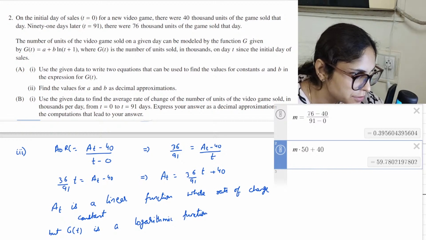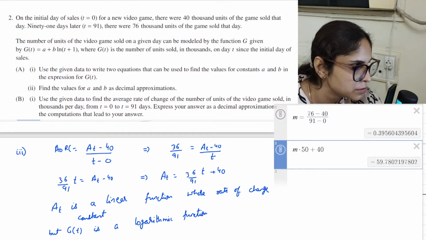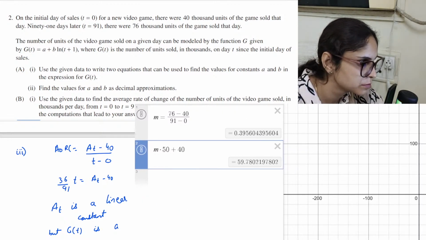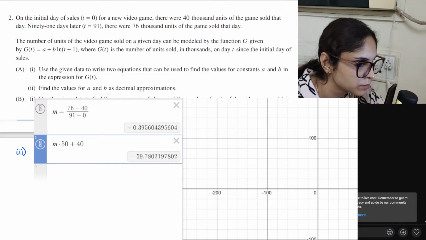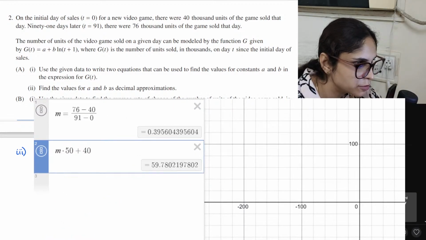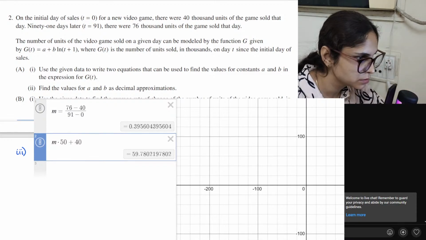And when you graph it, we have to see from 0 to 91.